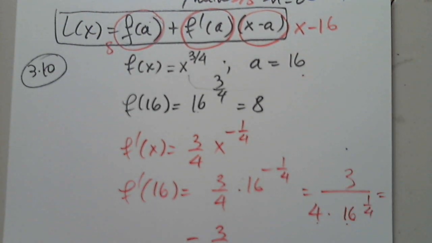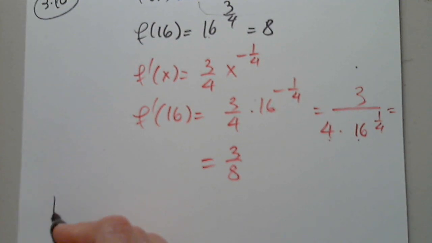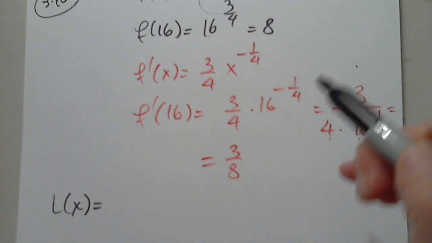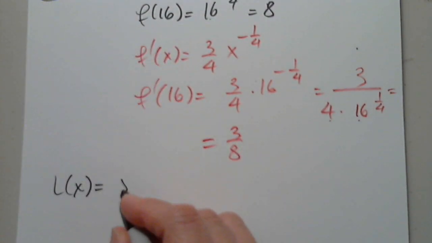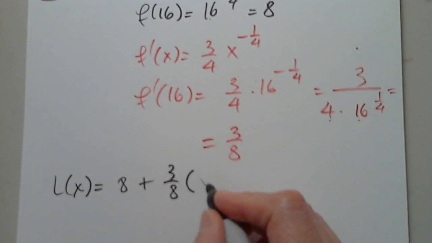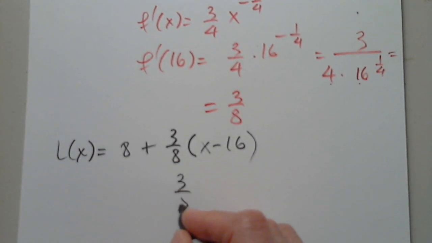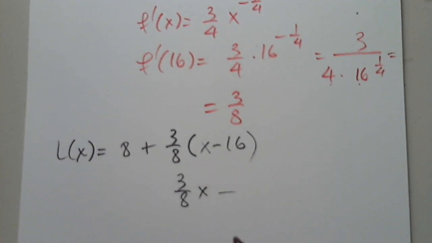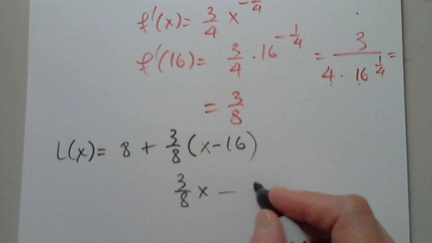So now we put all pieces together and we get the line. So L of x, the linearization of f of x at 16 or near 16, is 8 plus 3 over 8 times x minus 16. I will distribute: 3 over 8x minus 3 over 8 times 16 over 1, which is 6.